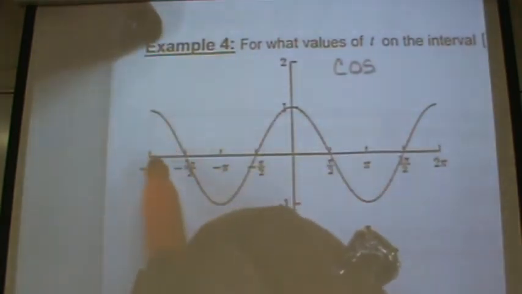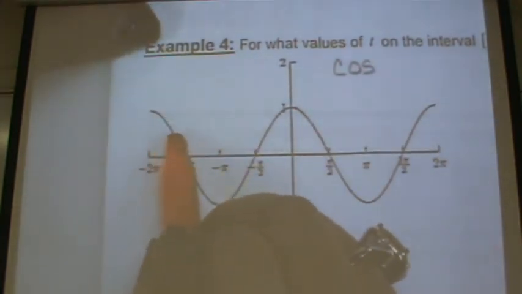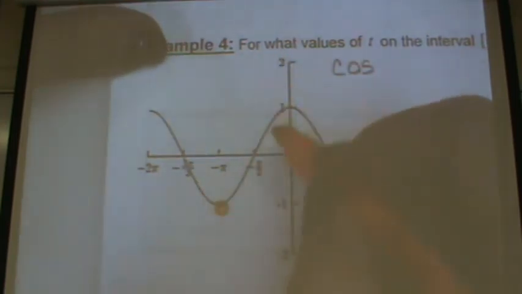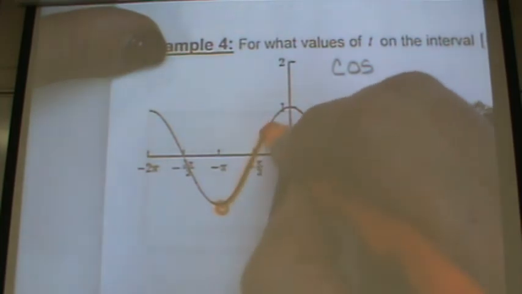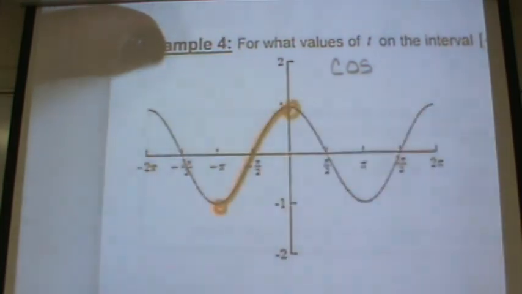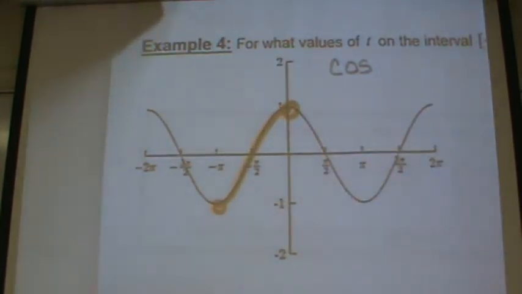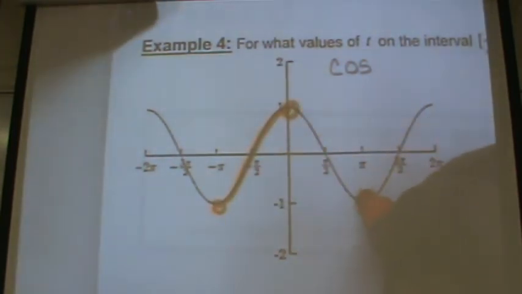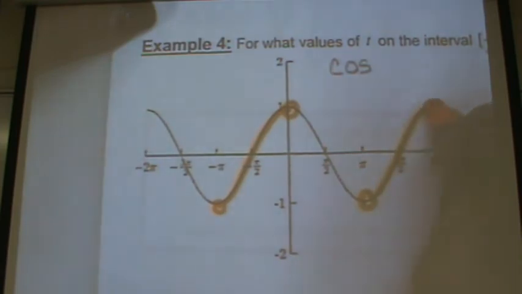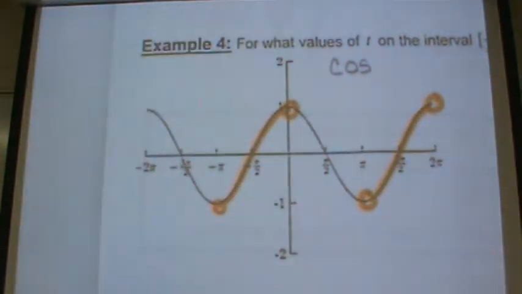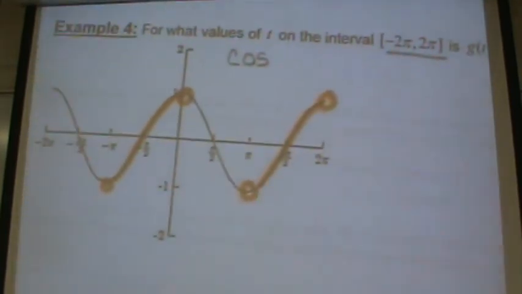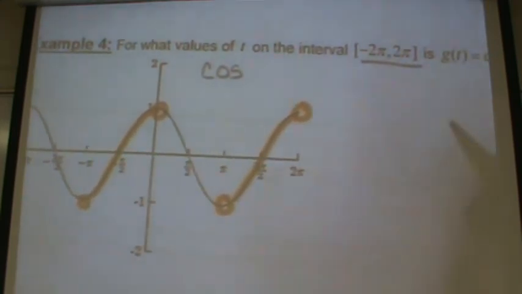So if we started here, are we going up or down? Down. So right here to here, it's increasing. Do you agree? Yeah. And then here it's going down, and then from here to here, it is increasing. So see if you remember how to do this. How will you give me the two intervals where it's increasing? How would you write it correctly?